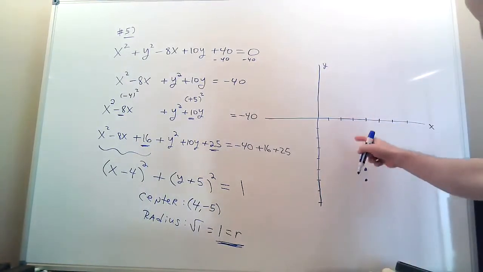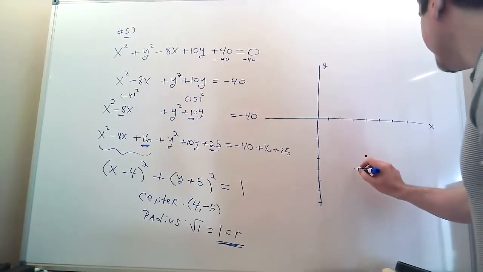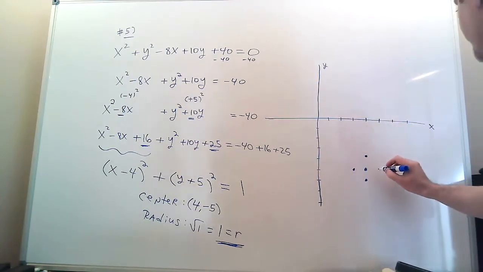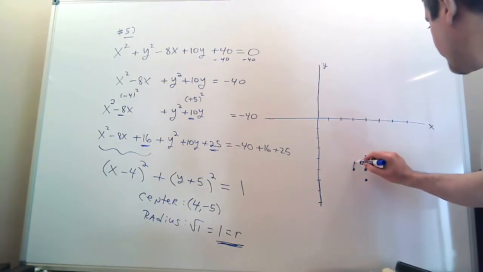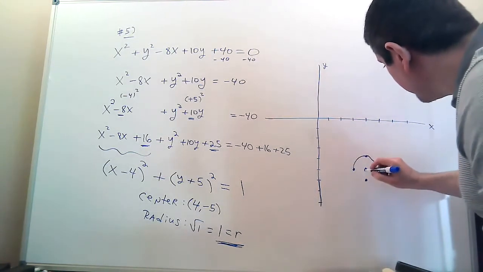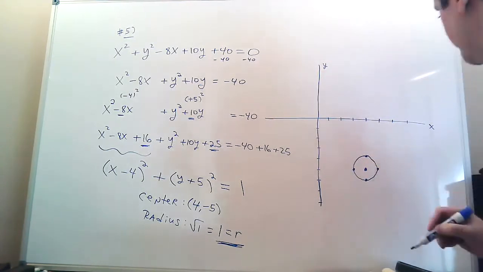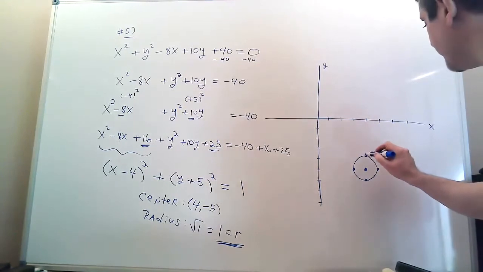Now I'm going to go left 1. All right there. And then I'm going to go to the right 1. And then just make the arcs. My circle is not going to be good. Boy, that arc was so crooked. I tried. It's circular.